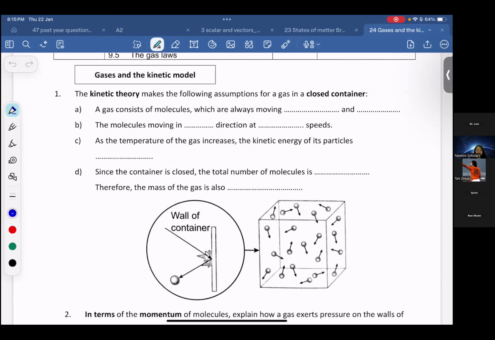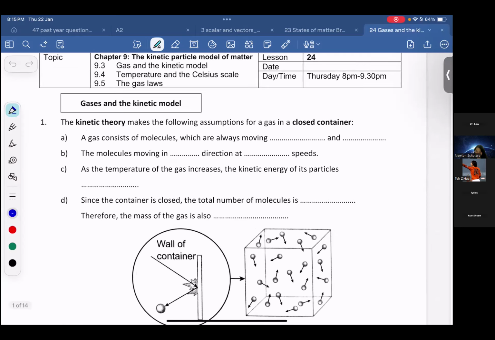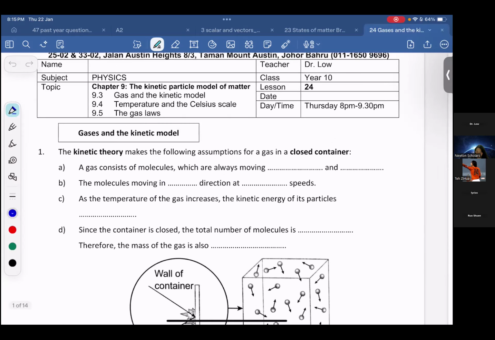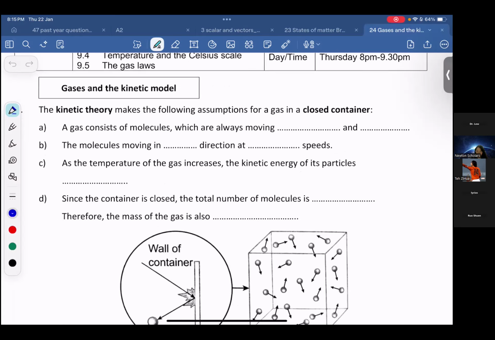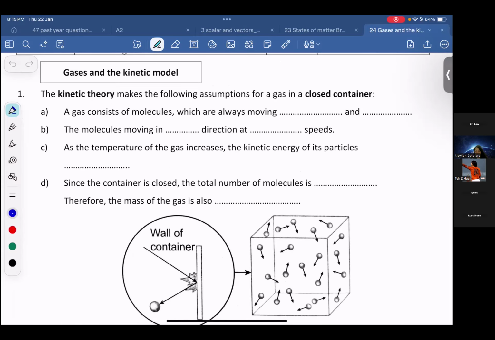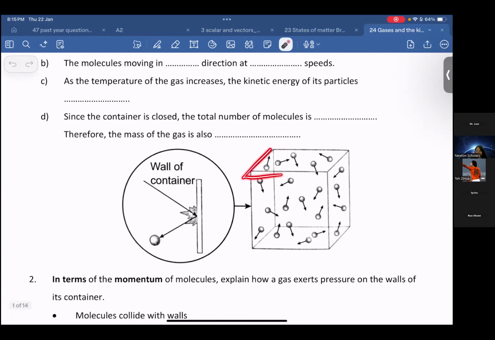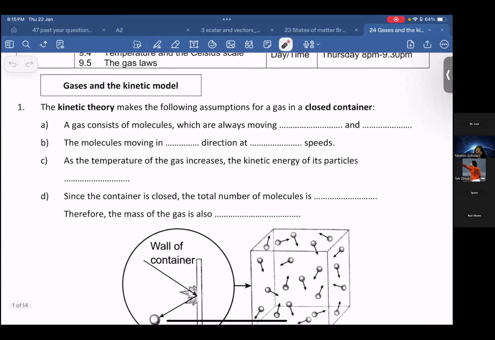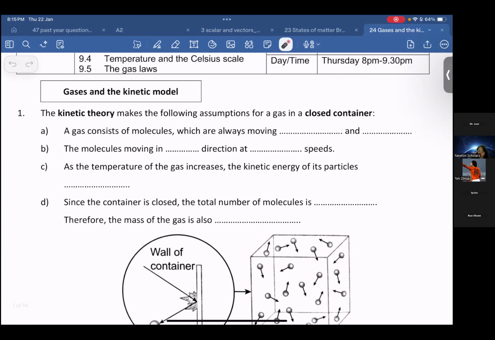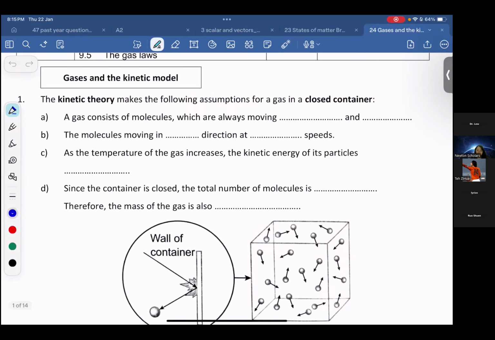Right, we go to lesson number 24, the gas and kinetic model. Kinetic theory makes the following assumptions for a gas in a closed container. The gas particles are inside a closed container, which means the air particles cannot come out. For this one, we want to do some explanation, so we need to have some assumptions. The first one: a gas consists of molecules. How do the gas molecules move?